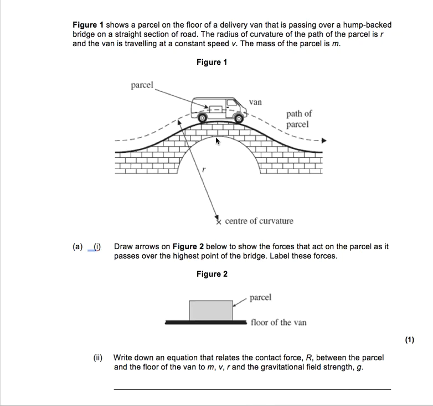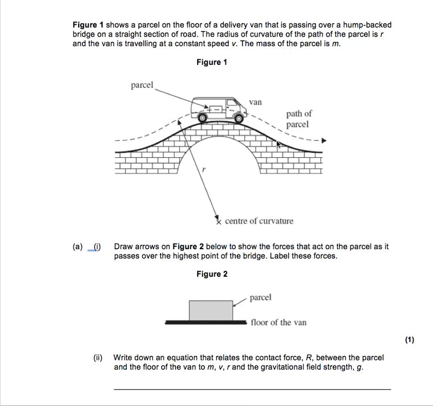So when the van is driving over the bridge, because it's performing part of a circle, its direction is changing, which means its velocity is changing, which means it's accelerating, which means there must be a resultant force.